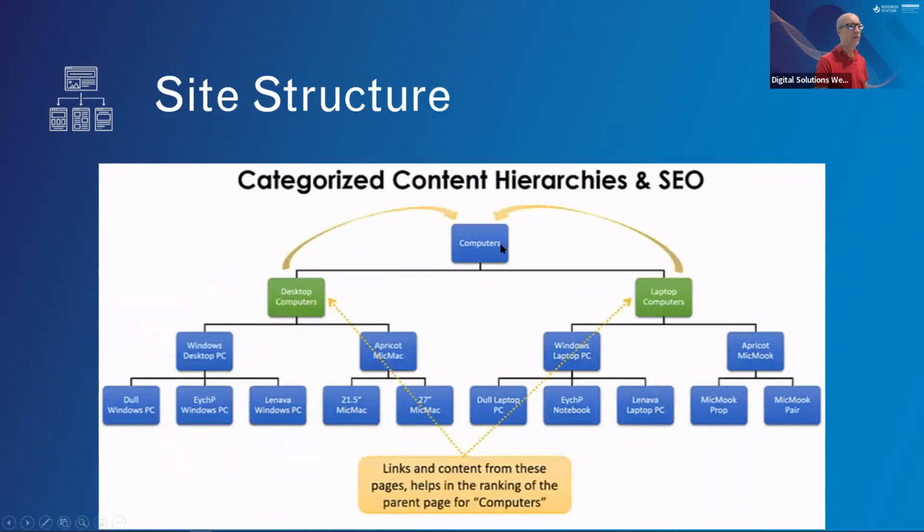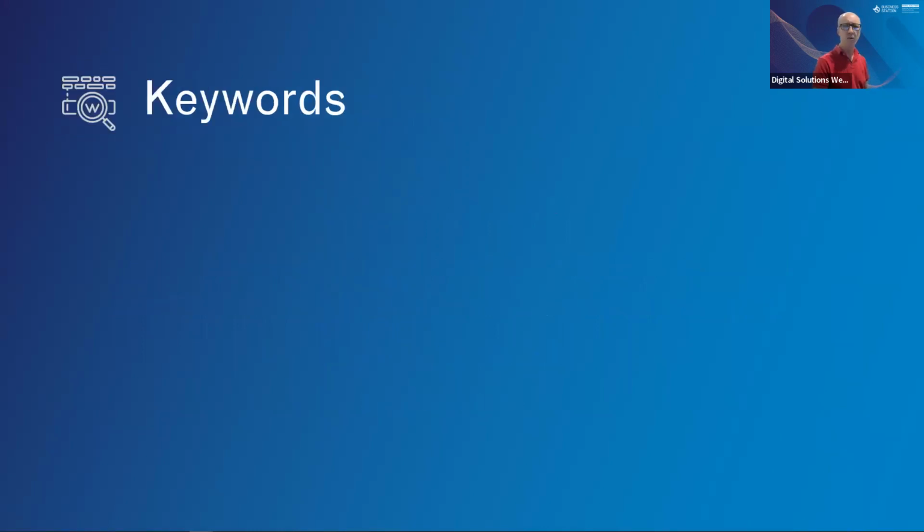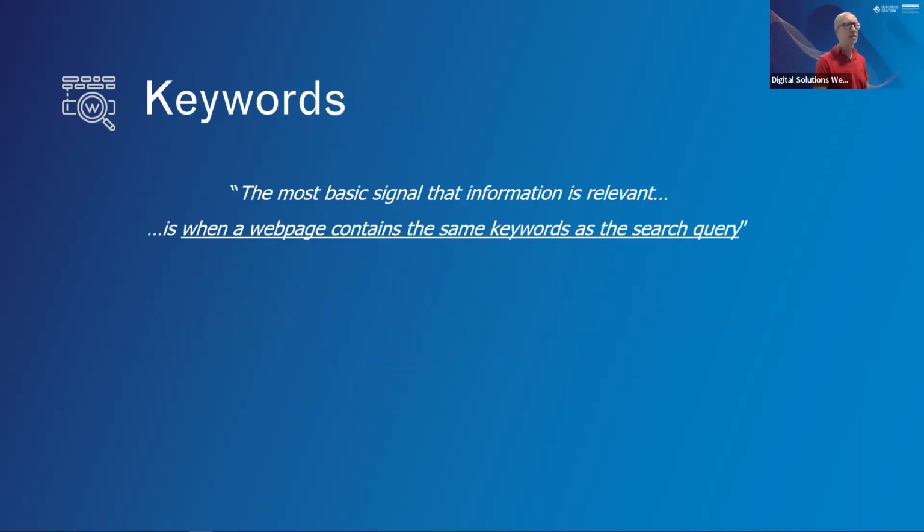So in this particular website, the home page is the authority for all types of computers, whereas the category page here is the authority for desktops, and this is for laptops. So this is really important from just an SEO authority perspective too. It also makes it easy for your whole website to be crawled and makes it easier for your users to navigate your site.